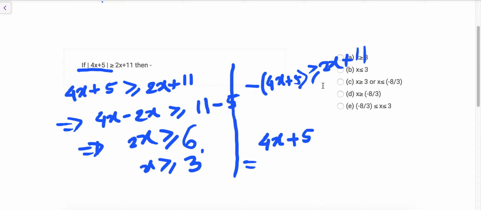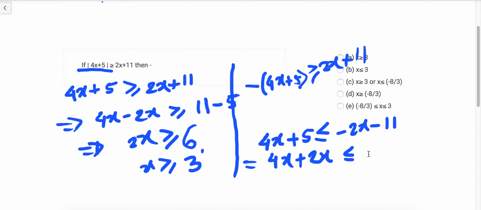Here it was greater than or equal, it will become less than or equal, so it will be minus twice x minus 11. So now it becomes 4x plus twice x less than or equal to minus 11 minus 5.